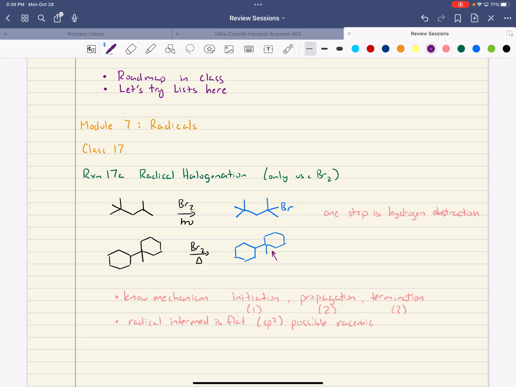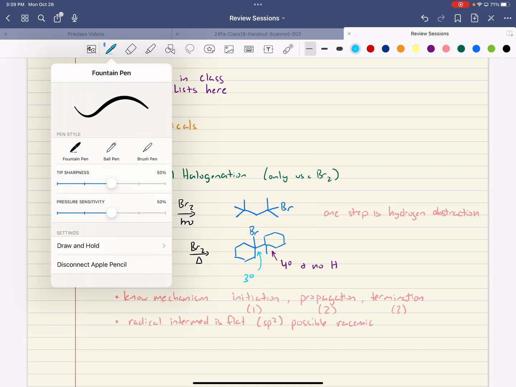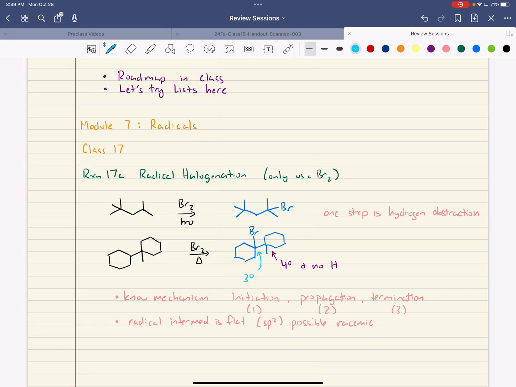Quaternary and no hydrogen. So we're going to put the bromine on the tertiary, right? And that tertiary has, obviously, the most substituted spot that had a hydrogen to abstract. And so the hydrogen that was abstracted, we could literally draw it here, that one, and this one.